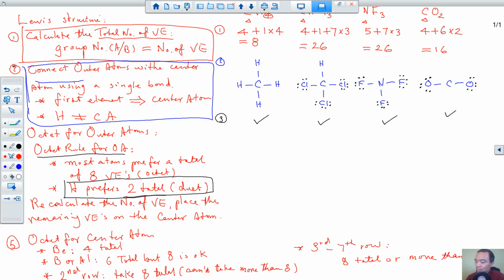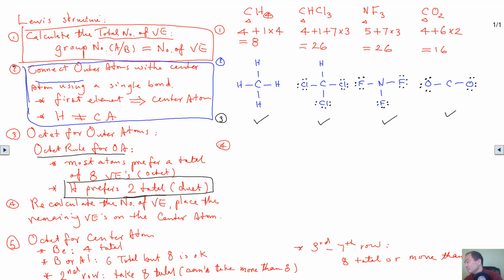Let's go on and use a different color. Let's say we're going to go to red this time. So number 4, we're going to recalculate how many electrons we have left.